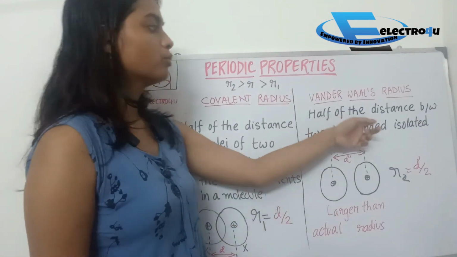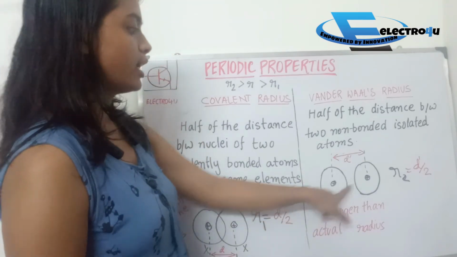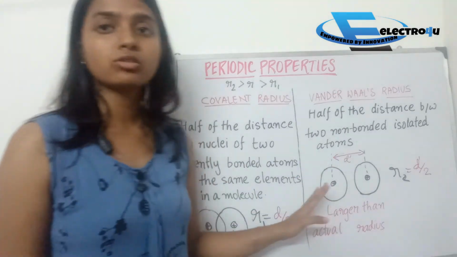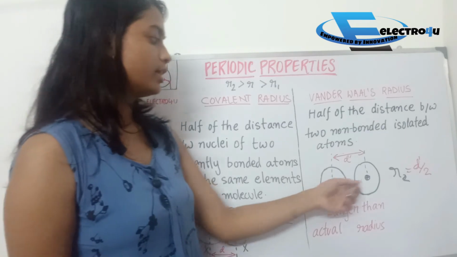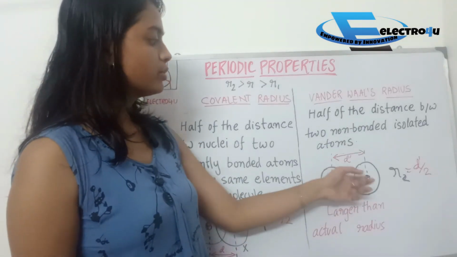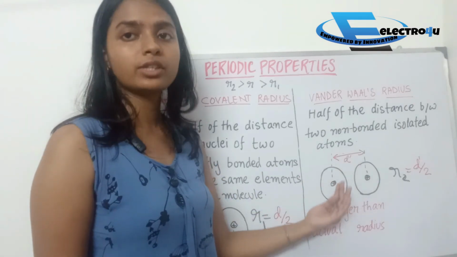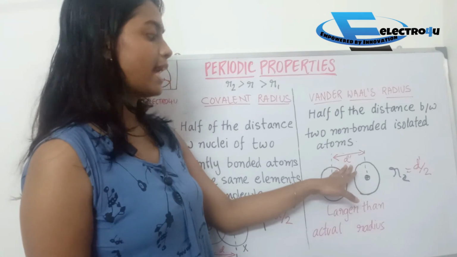It is half of the distance between two non-bonded isolated atoms. So here, as we can see, these two atoms are isolated and they don't have any bonding among each other. The distance between the nuclei of these two atoms is d dash.